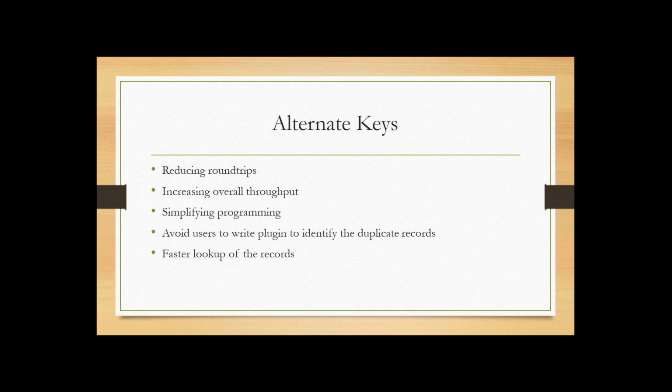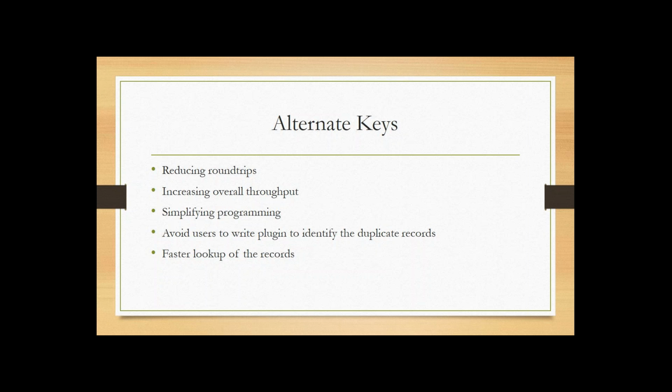When we want to integrate CRM with an external database, we might be able to add a column to the external database table to have a reference to the unique identifier in CRM. But in various cases, it is possible that we are not able to change the database to add a reference key to store the GUID. In that case, we are not able to track the record in the system.